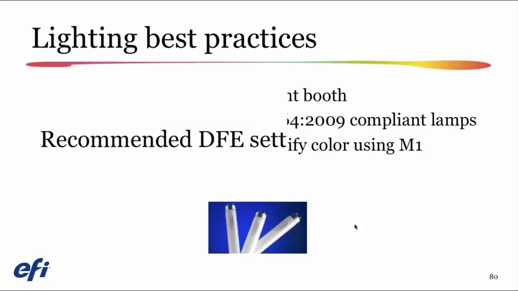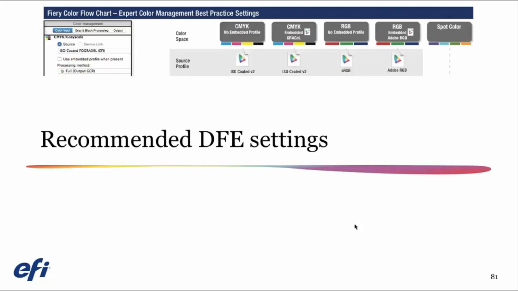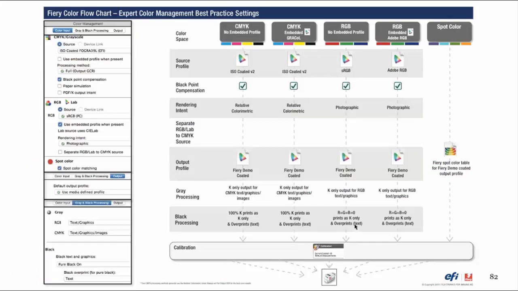So before we close, I just want to quickly share some recommended DFE settings. These will be shown at the end of the color flowchart video that we're going to share with you in a couple of days. And I just want to highlight that the color flowchart goes through many different settings, especially when you see this other video. At the end of the day, you don't want to turn on every possible color option in the color settings on the Fiery DFE.